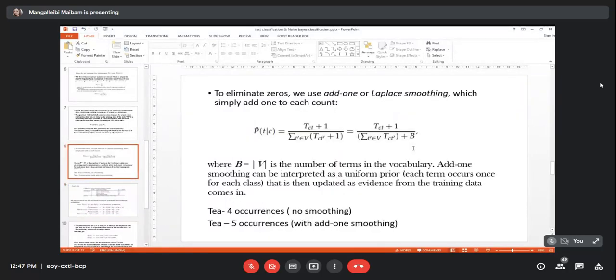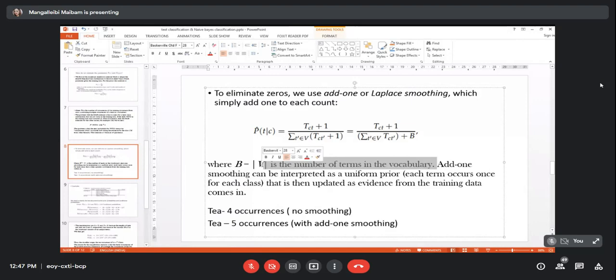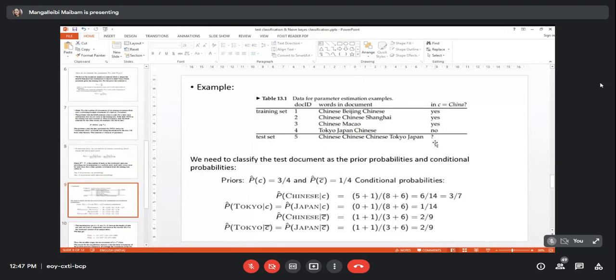Then the plus 6 is nothing but this B. This B is the number of terms in the vocabulary. This is the number of unique terms, not repeated. So how many unique terms are there in the vocabulary? Chinese, Beijing, Shanghai, Macau, Tokyo, and Japan. 1, 2, 3, 4, 5, 6.